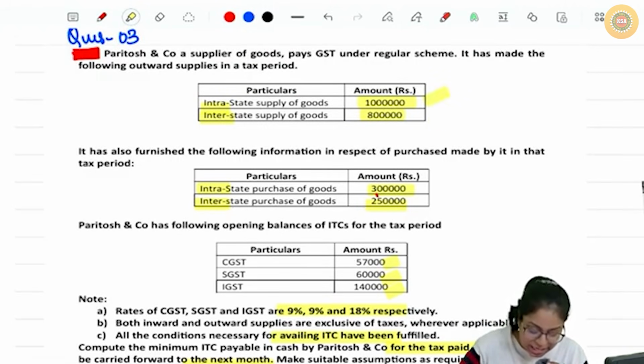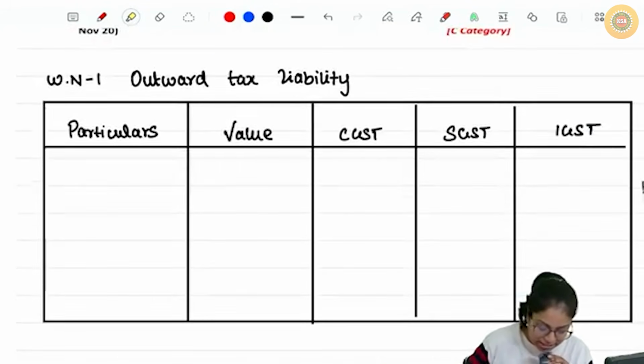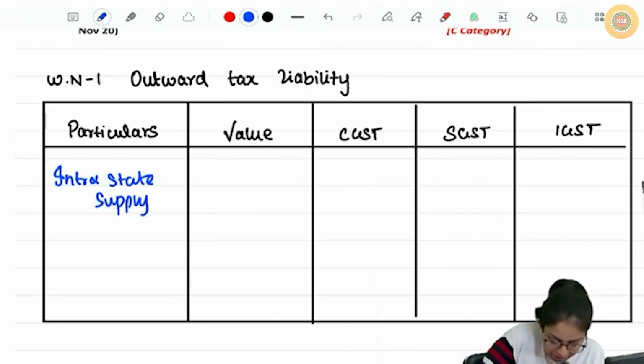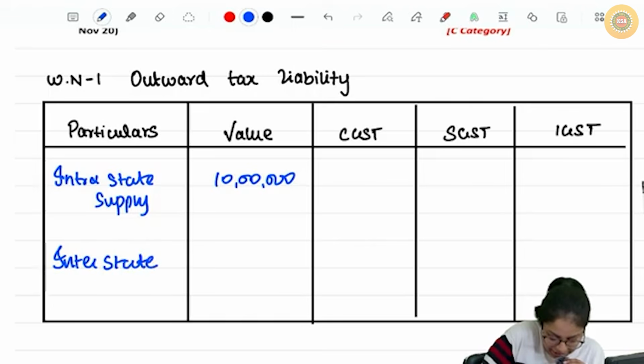So intra is 10 lakhs and inter is 8 lakhs, right? Intrastate supply is 10 lakhs and interstate supply is 8 lakhs.